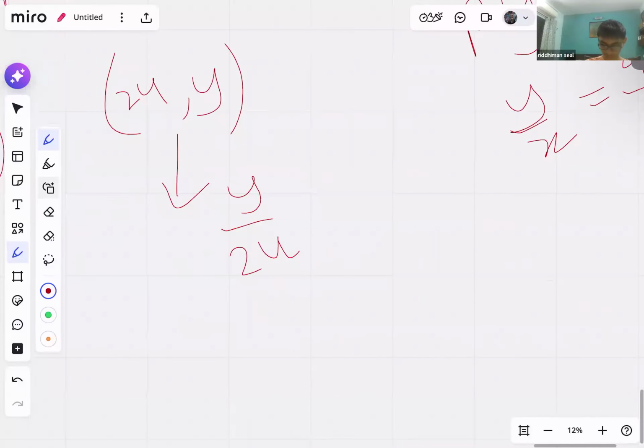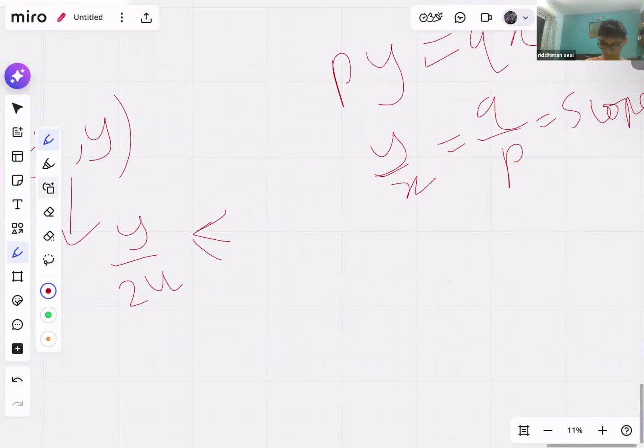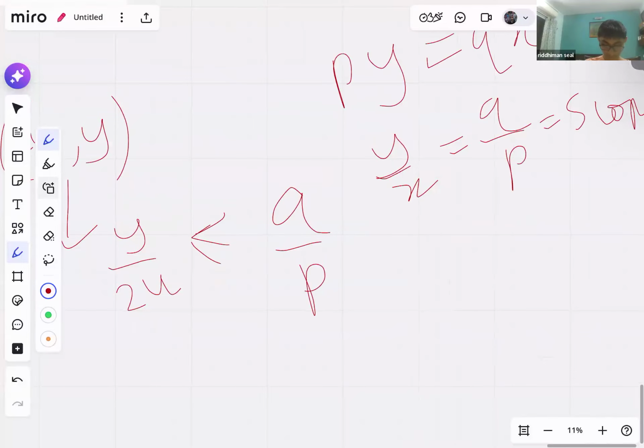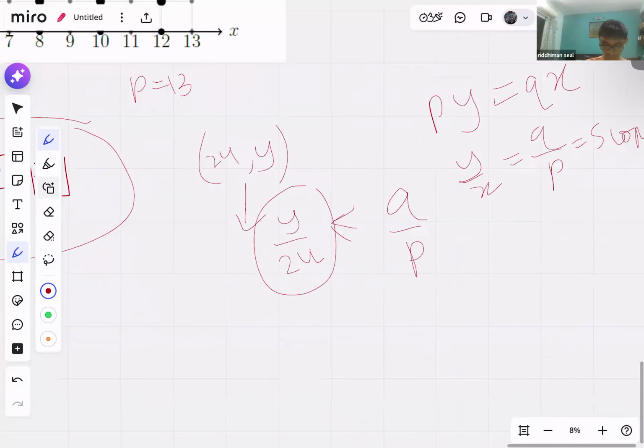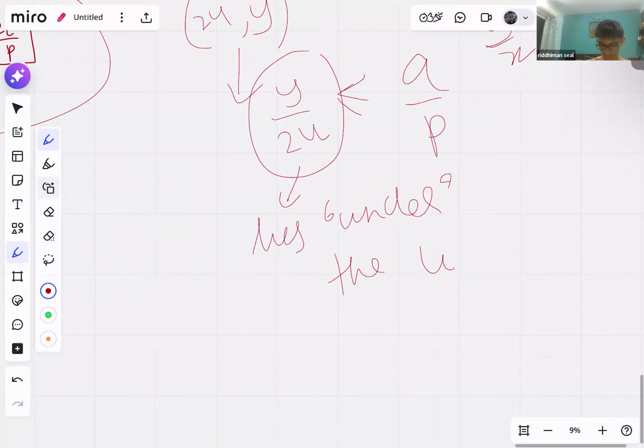And notice that if this is less than or equal to q by p, then this point lies under the line, right?